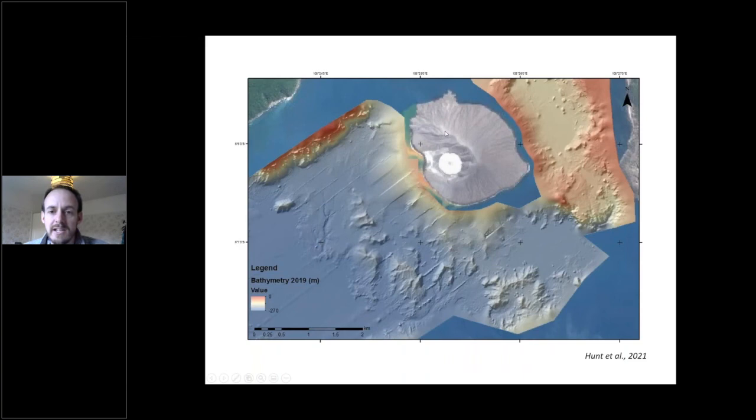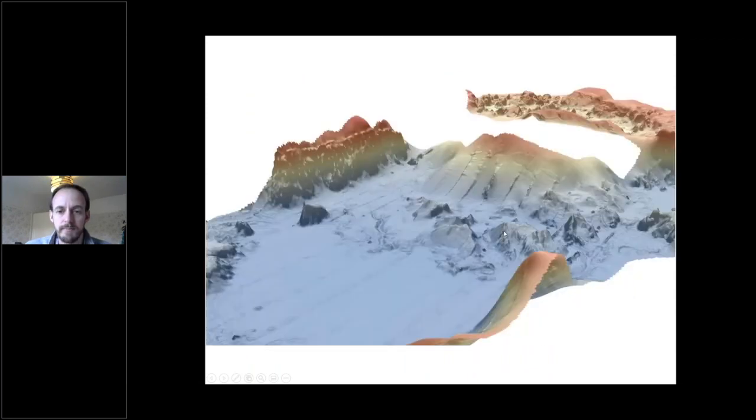So all of this is actually new material. So although the island failure scar was about here, it then rapidly redeveloped through vigorous activity. But the deposits from the 2018 collapse are this mounded region here.